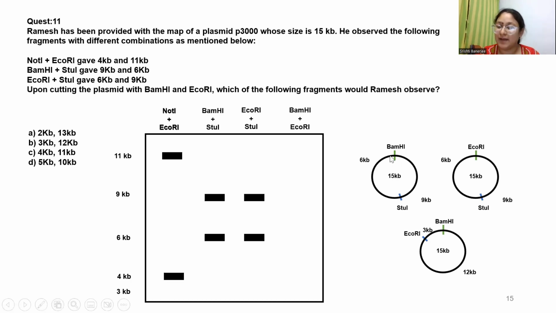This is common between BamH1 and EcoR1, and StuI is 9 kb. It's very clear from here. This side, if you observe, this is 9. So BamH1 and EcoR1 have to be 6 and 6, so it's a 12 kb and the remaining will be a 3 kb band. That is what is happening, and that is also what is there in your answer, this particular combination of 3 and 12.